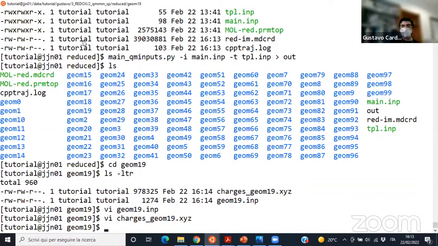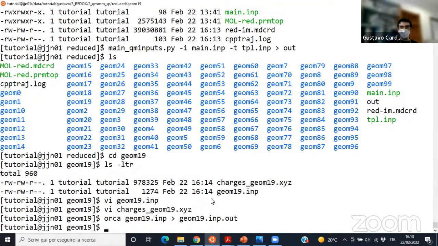The way of submitting each one of these calculations is Orca, because you always call Orca, then geom19.inp minus geom19.inp.out, the ampersand, but I think it's not gonna take too much. And it performs the calculation.